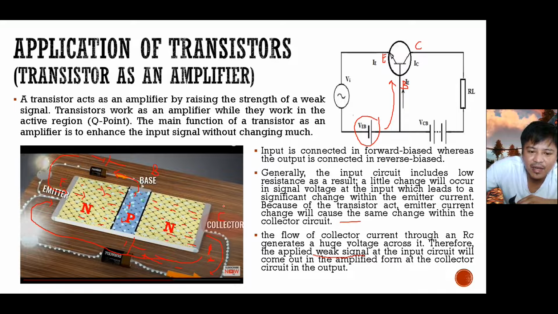So imagine the flow of current here and the supply here will add up. That is why nagpo-produce siya ng mas mataas na output. So literally by analogy, that's the concept of amplifier.